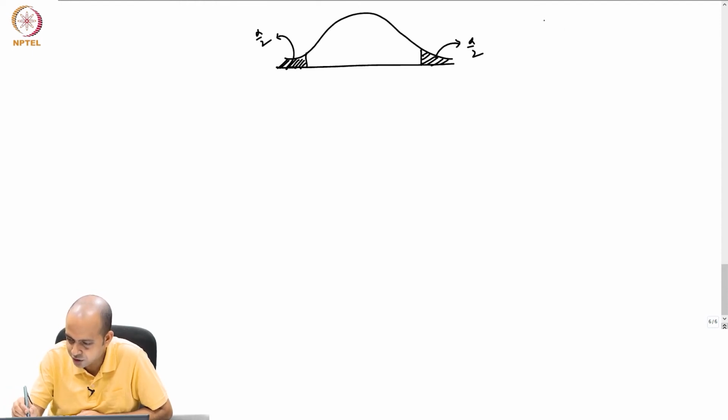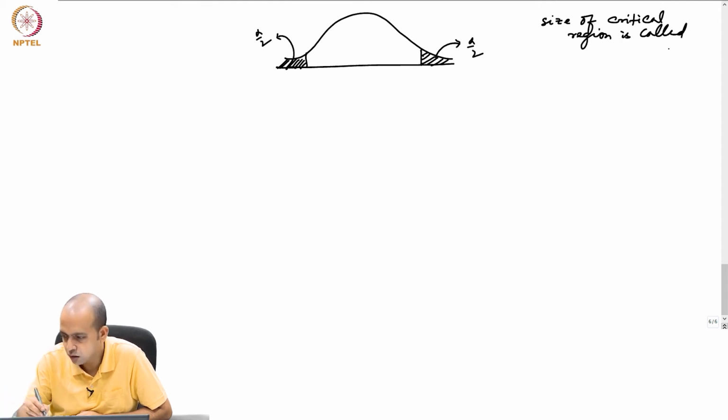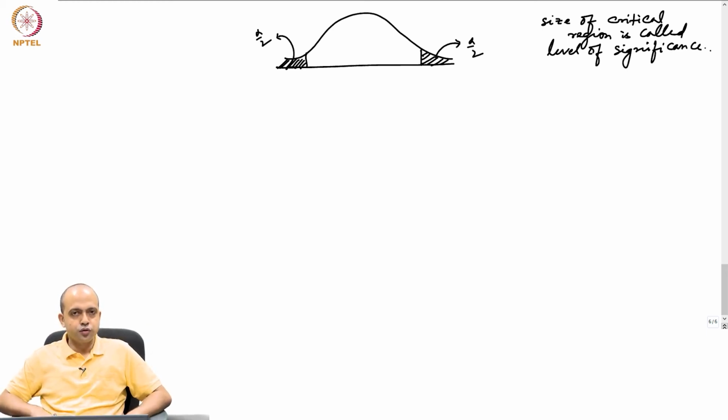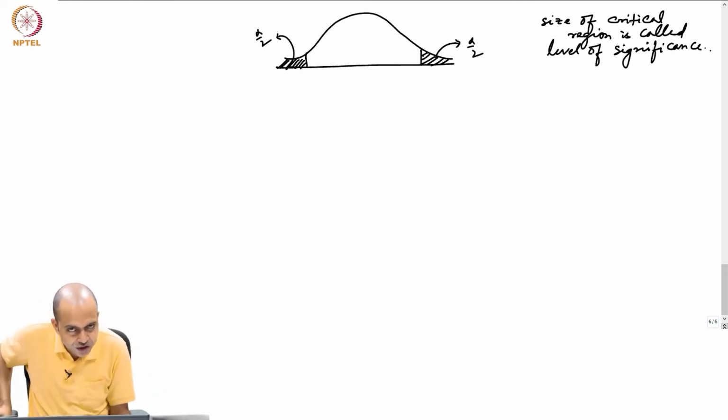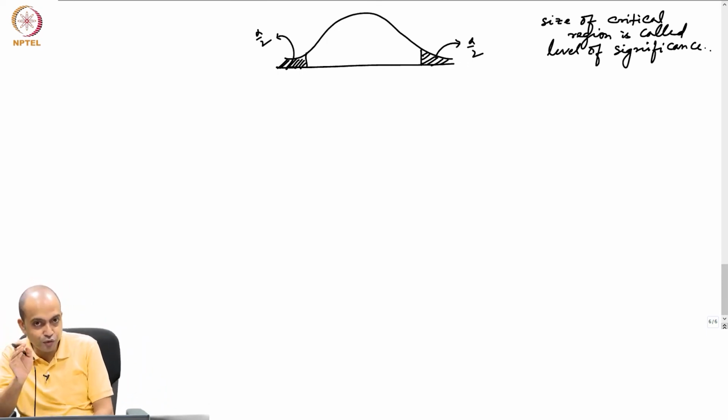So, while these two are called critical region, how the critical region and level of significance is related, we say that size of the critical region, I will write here, size of the critical region is called level of significance.